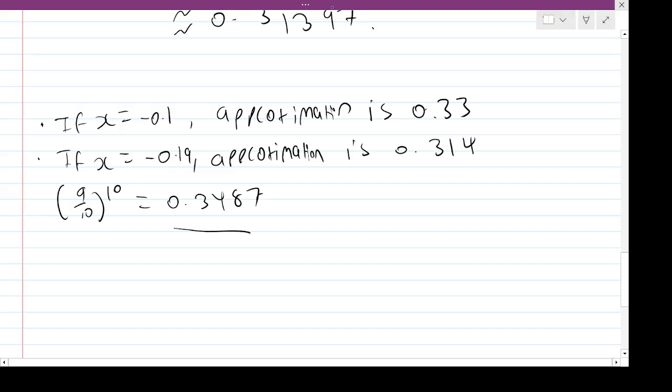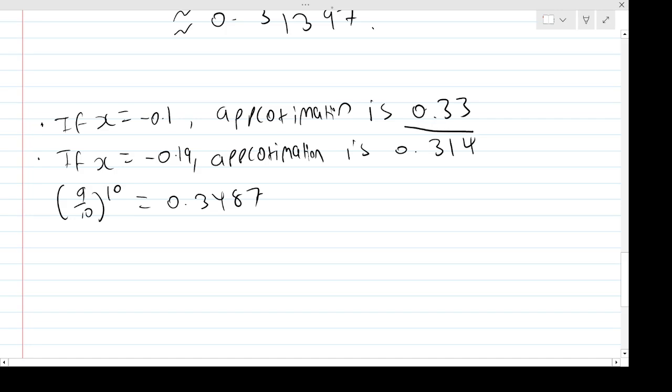And the true answer, 9 over 10 to the 10, if we put it in the calculator, was 0.3487 when rounded. So we can see the rough answers. Now, 0.33 is closer to 0.34 than 0.31, right?